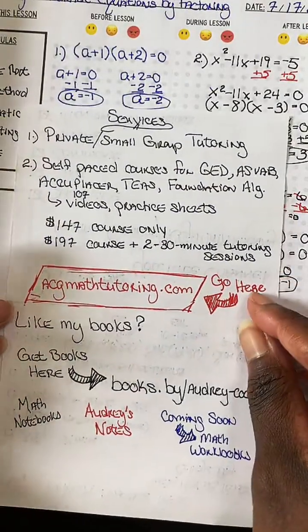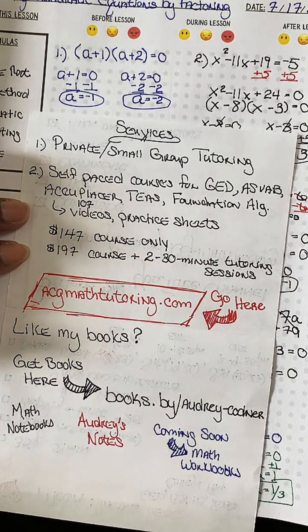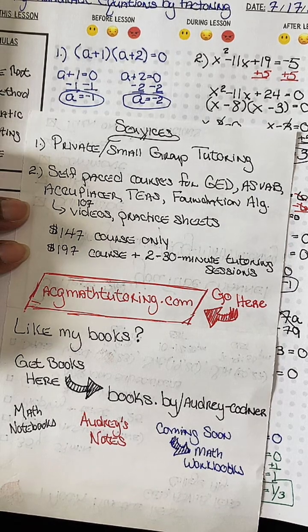If you want me as your online tutor, I also do small groups. And I know, especially with federal funding, a lot of the programs that did a lot with GED or any kind of ACCUPLACER or any kind of prep, they have gotten rid of. I've heard of a couple more now in different states, not just where I'm at in Maryland.